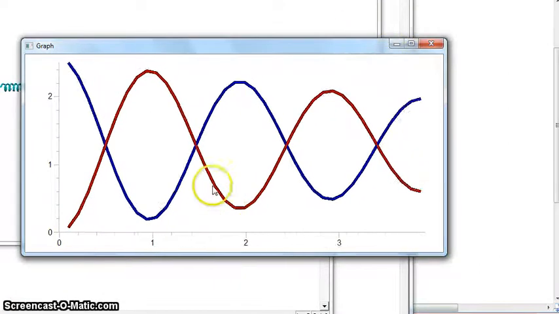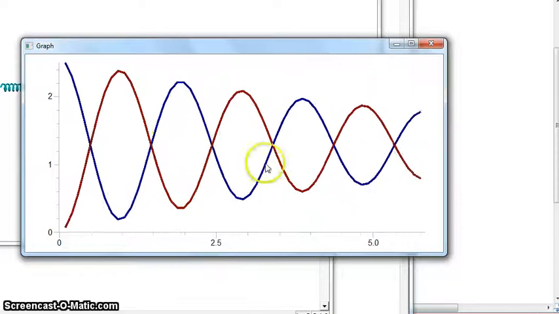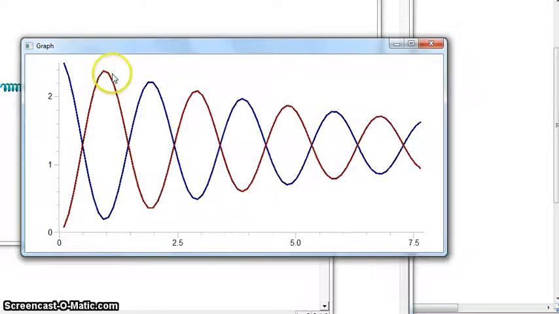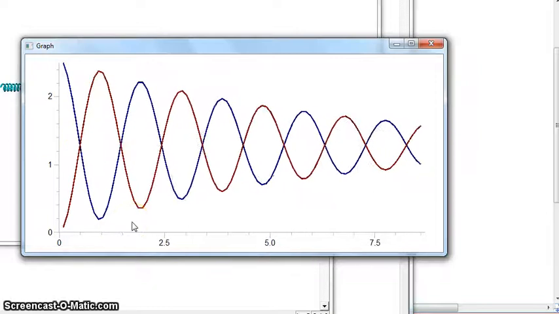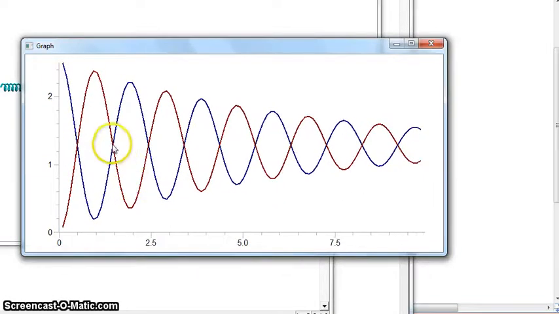As you can see, the red line and the blue line represent the different forces, both in opposite positions at the maximum value and the minimum value in time. Just at this point and this point the two forces cancel, yet the net force is definitely not zero.